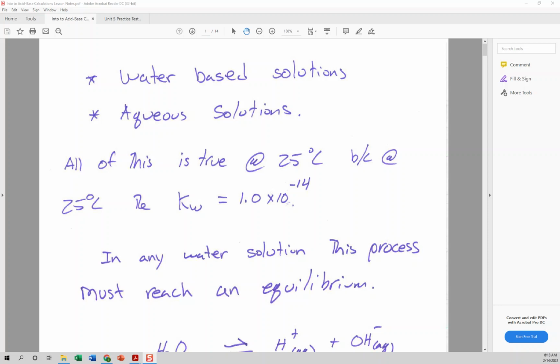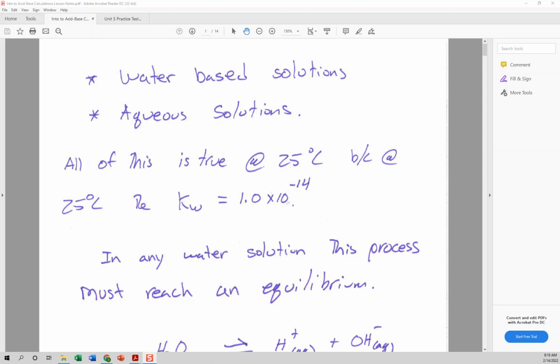Pure water is neutral, so if we add something that makes it acidic, that would be an acid. If I add something to pure water and it makes the resulting solution basic, that would be a base. And if I add something to water and the solution still has a neutral pH, then that thing's neutral and it's not an acid or a base.